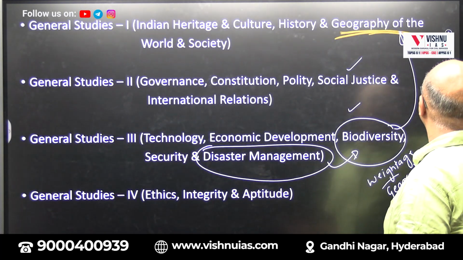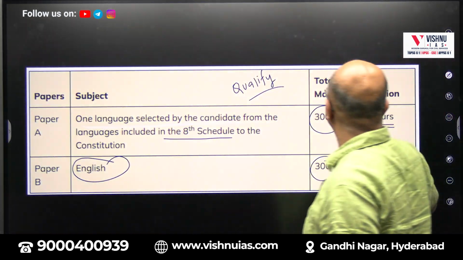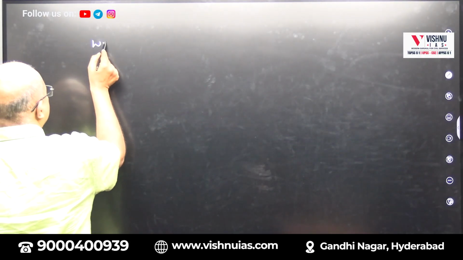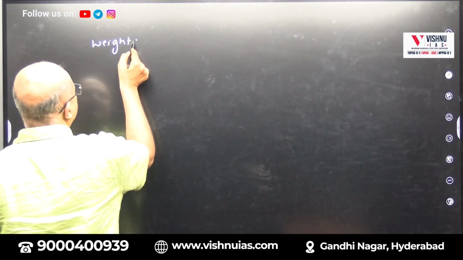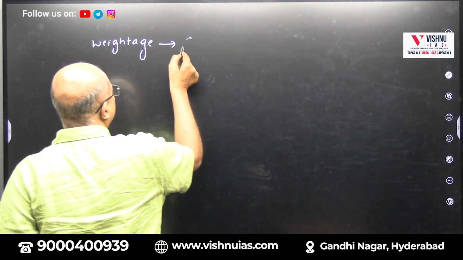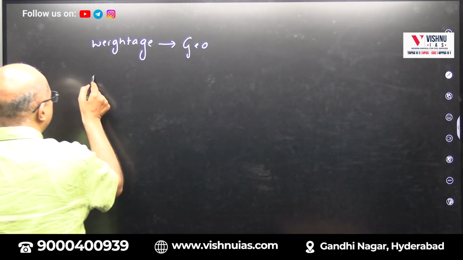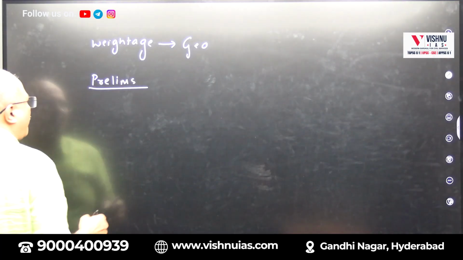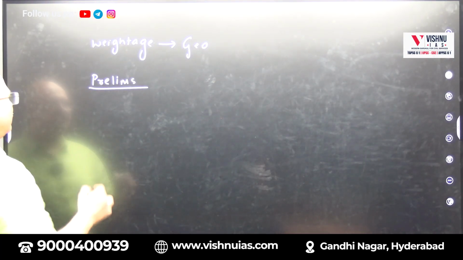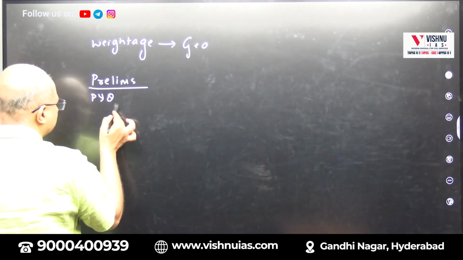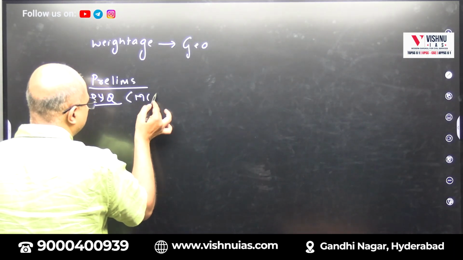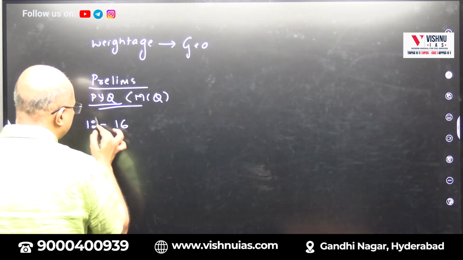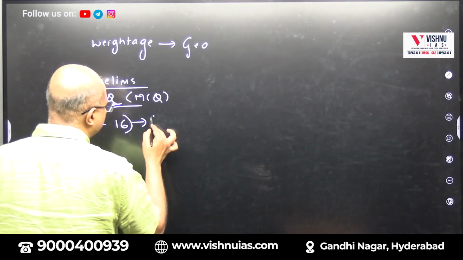Now, let us take up the weightage of geography in every section. In prelims, if you analyse all the previous year MCQ questions, you will find that at least 12 to 16 questions are asked directly from geography.